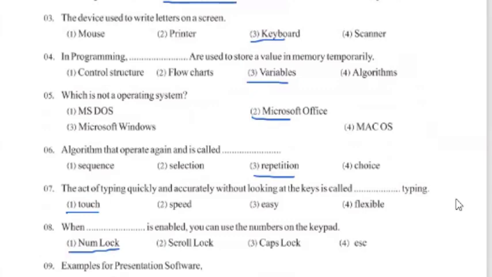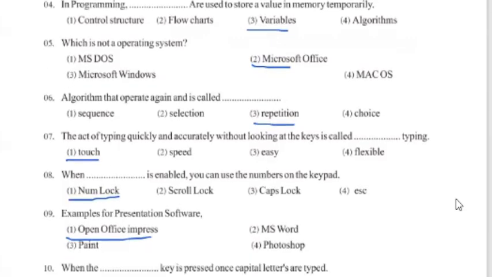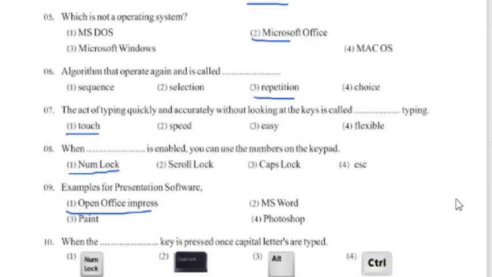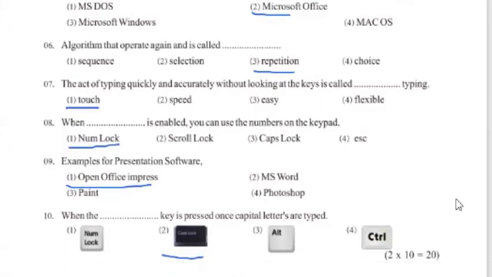Which is not an operating system? The answer is Microsoft Office. Others are operating systems. An algorithm that operates again and again is called repetitions. The sixth one, the act of typing quickly and accurately without looking at the keys is called touch typing.